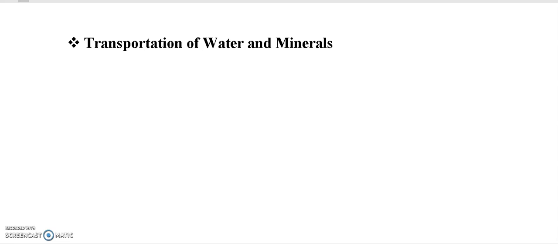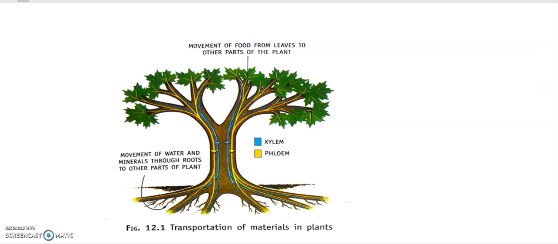Basically, if you look at the plant, these are the roots. If you can see this tiny outgrowth, these are hair-like structures which grow on the roots. In plants, there are root hairs.